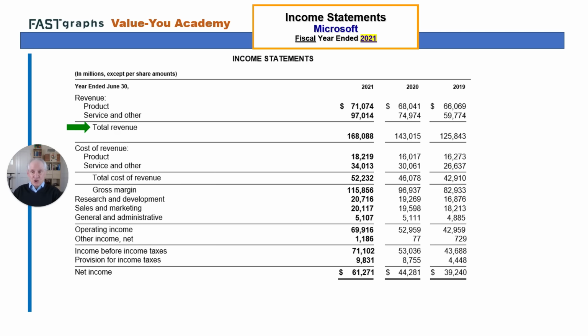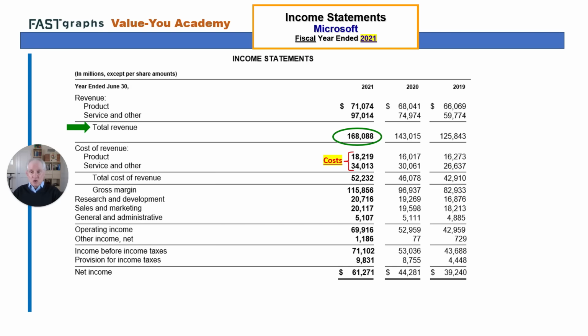Remember, we match to this number cost. So we got 168 billion plus in revenue. What was the cost for the products and services to generate that revenue in our accrual? So we can see there was 18 plus billion for product cost and 34 billion for service and other cost.